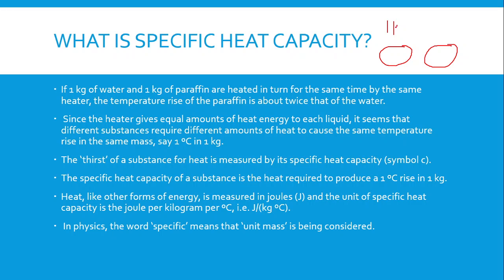It's really important to note that we're talking about the quantities in terms of mass and not in volume or area. So the thing that we're keeping constant here is mass. So both of them are 1 kilogram. 1 kilogram of water, and this one right here contains 1 kilogram of paraffin.